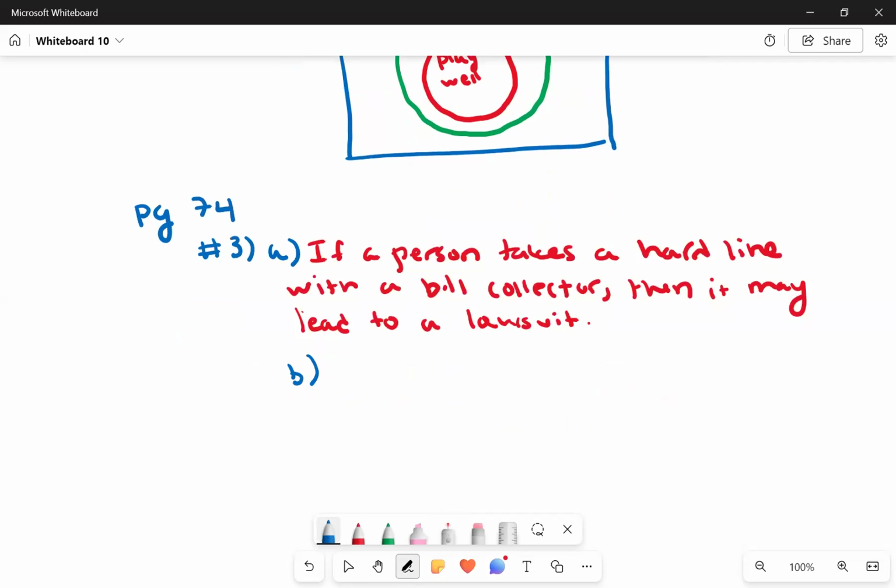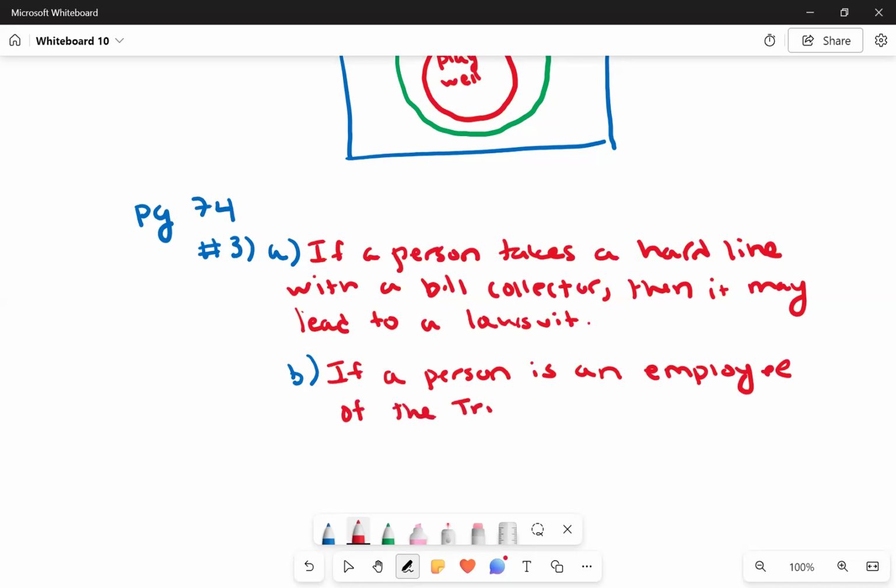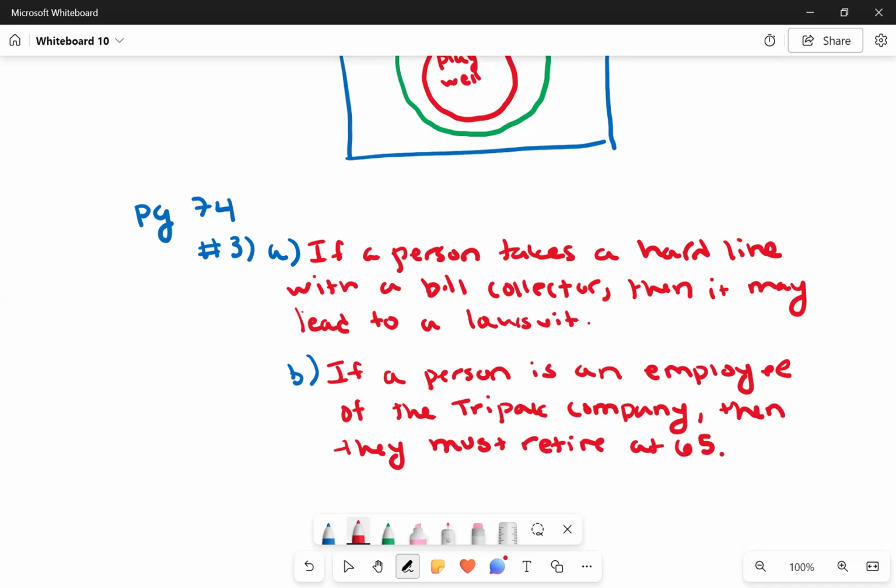Okay, so in an if-then format, what we're saying is that if someone is an employee, if a person is an employee of the TriPack company, then they must retire at 65. All right, so that's the if-then format.